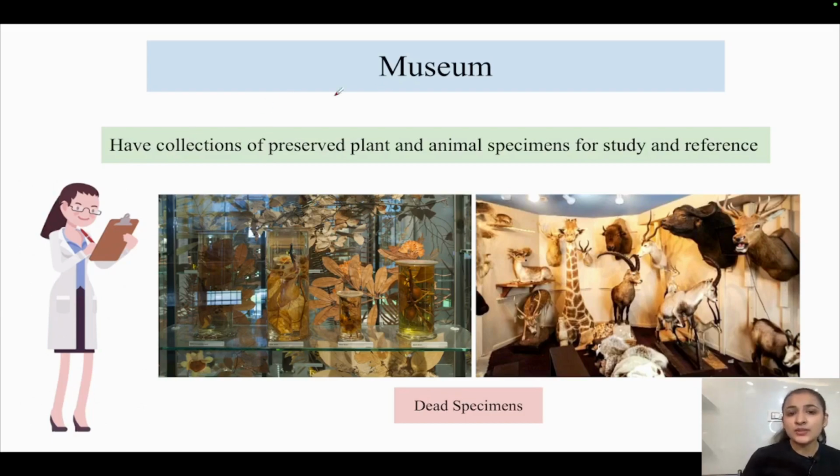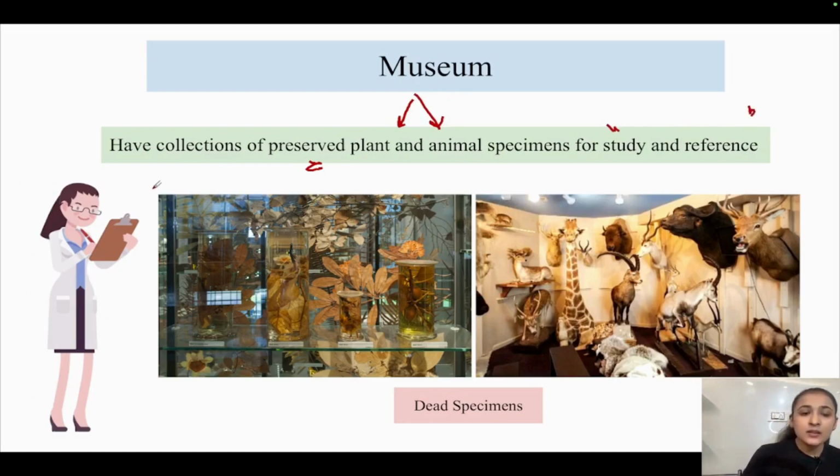Now, museums. Museums have collections of preserved plant and animal specimens for study and reference. Now, if Emma chooses to visit a museum, she would find dead plant specimens. Museums in general have dead plant and animal specimens. Both of these are dead, and museums contain both for study and reference purposes.